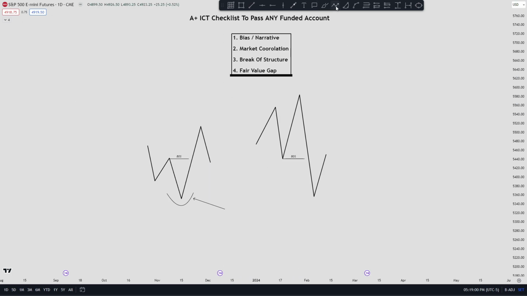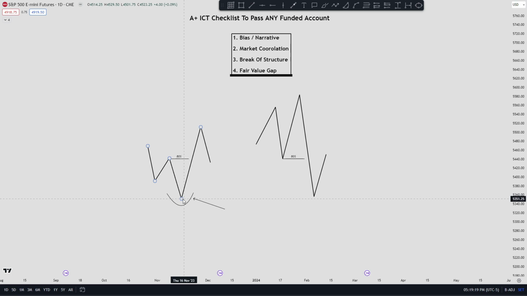And if we know the market loves fair value, meaning if there's buyers, there has to be a counterparty to those buyers equated to sellers. This is how the market operates. The market operates in finding fair value.